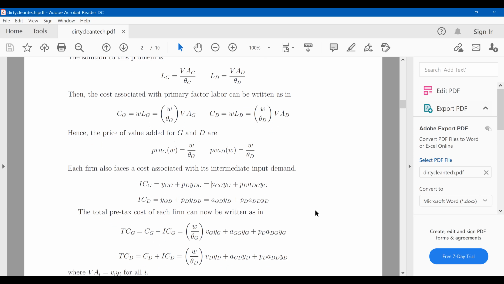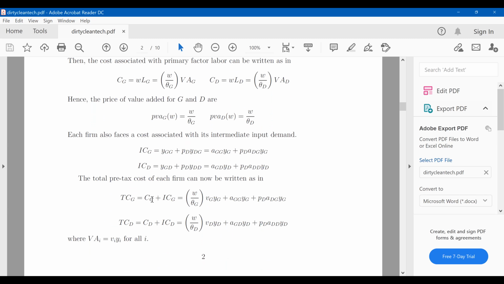All right. So the total cost now can be written, right? This is the total cost of the green firm, this one. So it depends on the factor cost, the cost paid for labor, and the cost paid for intermediate inputs. Okay, so we can write it in this way by basically summing this and this, and then we do the same for the second firm, the dirty firm. And of course, value added is also replaced, because value added is equal to VI times YI.